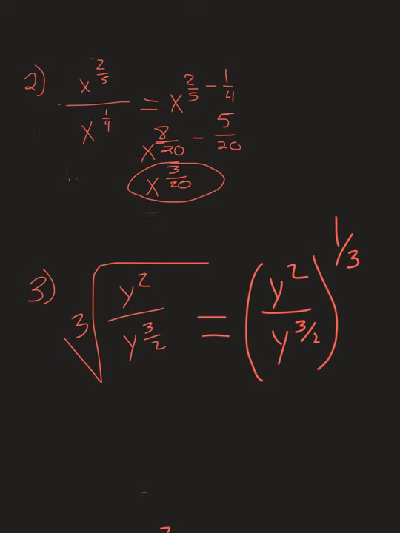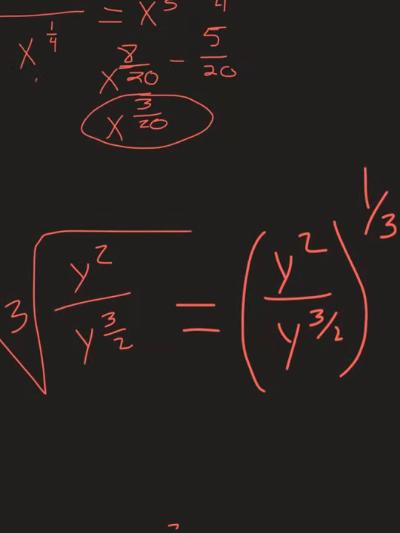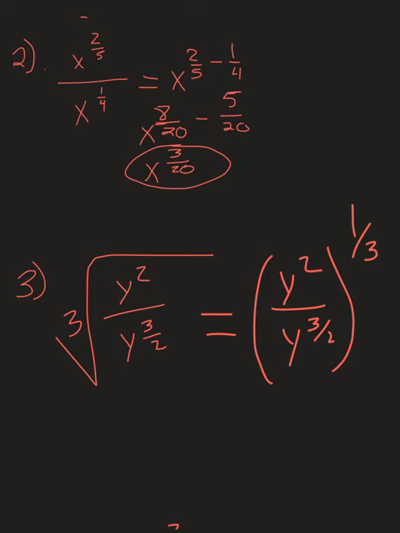Okay? So now this is very similar to what we just did. What we need to do is subtract. So in order to do that, we need to find a common denominator. So we're going to get y to the 4/2 minus 3/2. Do we all see where the 4/2 is coming from?